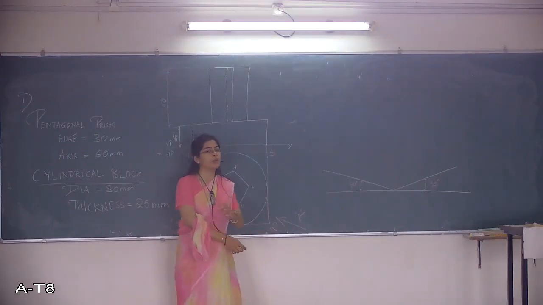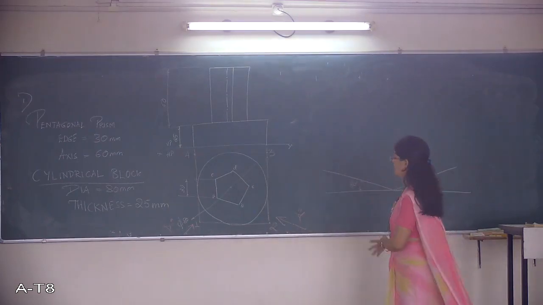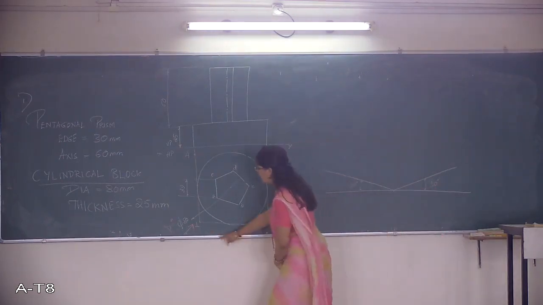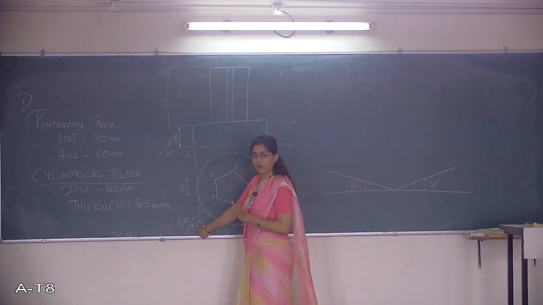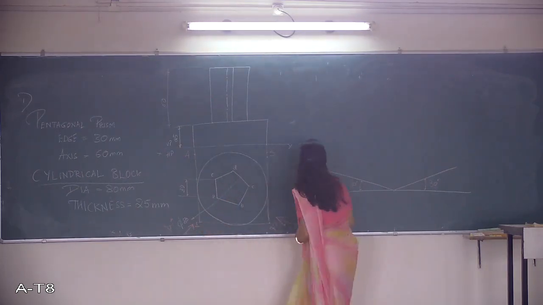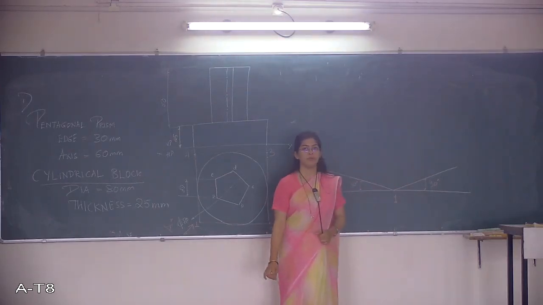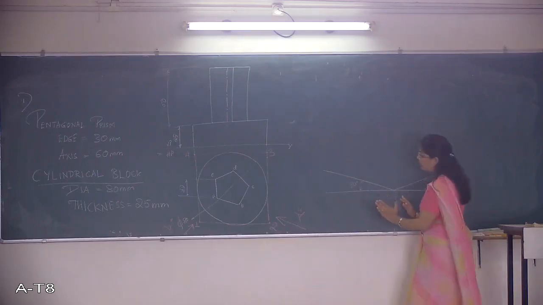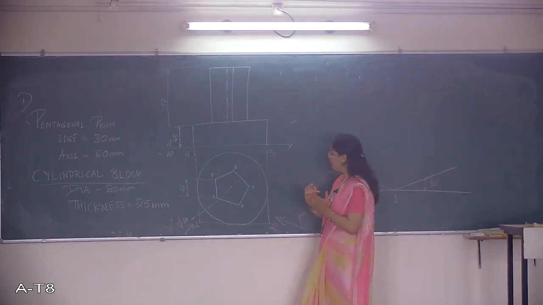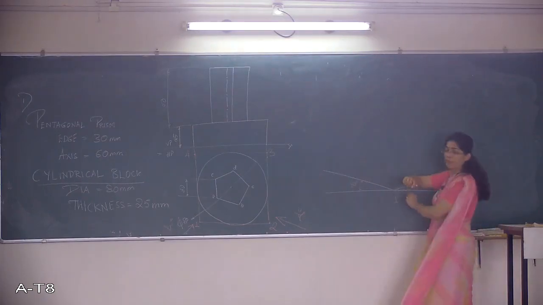Either of the sides, you can go for any of the sides, whichever side you want to go for. Once you do that, I'm going to refer to this end and solve the problem. So when I refer to this end, this point 1 is what will be marked here. Once I mark 1 here, likewise I'll have 2, 3, 4 marks. So on this side I'll get 2, 3 and 4.